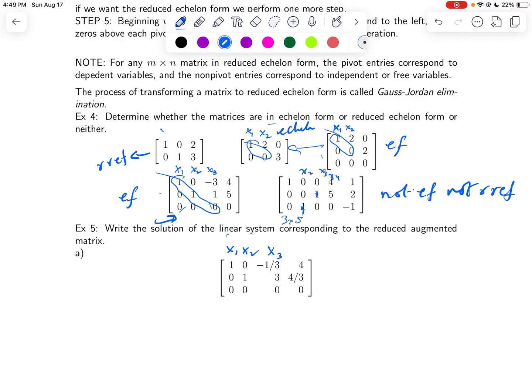So the first equation here will be x1 minus 1/3 x3 is equal to 4. Second will be x2 plus 3x3 equals 4/3. And the last row will give me 0 equals 0, which is a true statement.